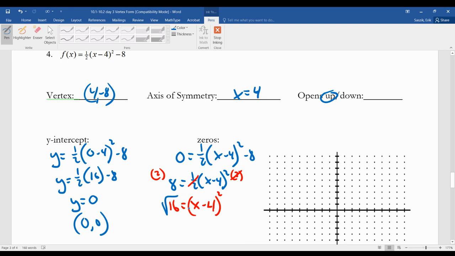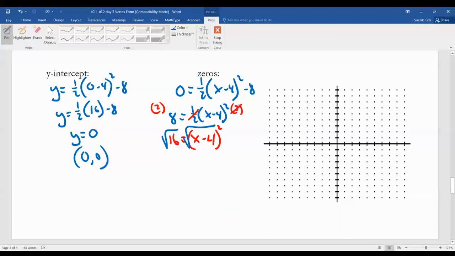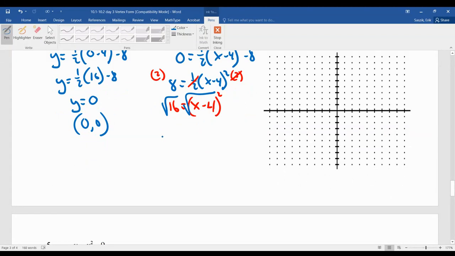Now when I take the square root, again, I'm going to switch sides again. I get x minus 4, but the absolute value of that, square root of 16 is 4. So we have x minus 4 equals 4. X minus 4 equals -4. If I add 4 to both sides, I'm going to get 8 and 0.